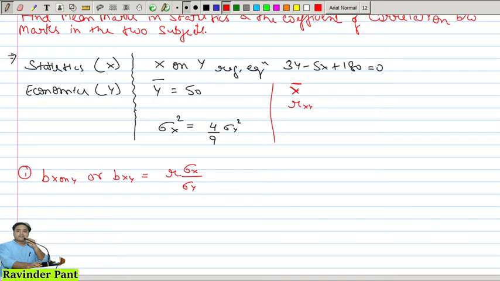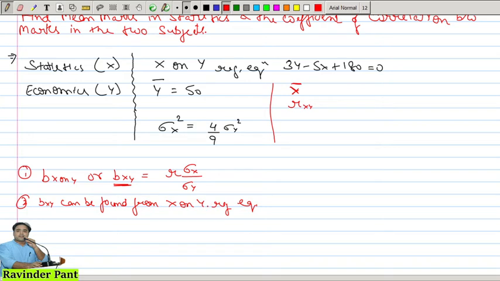For this we need to calculate the beta xy, and you have this x on y equation given. Can we calculate this beta xy from this x on y equation? Yes. It means that beta xy can be found from x on y regression equation. Done.